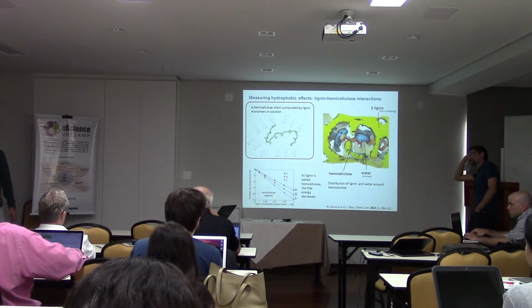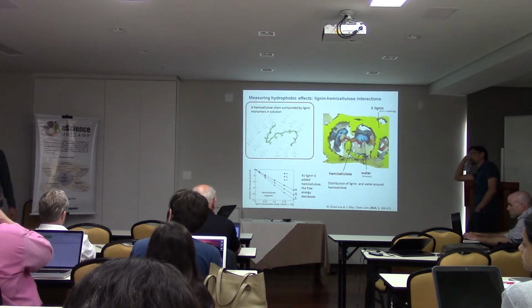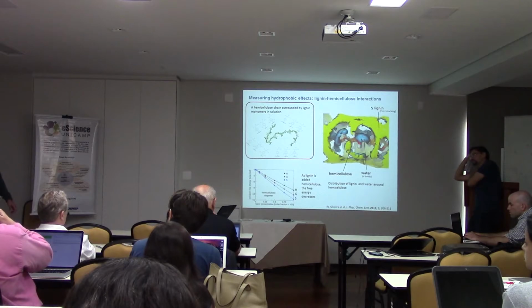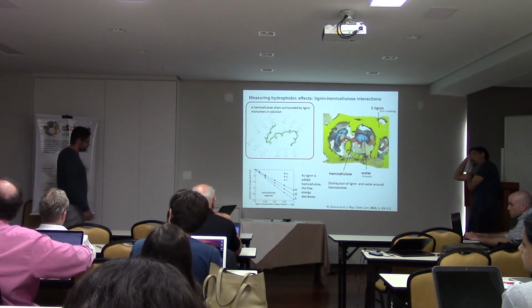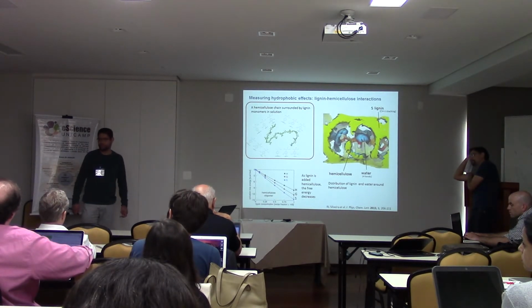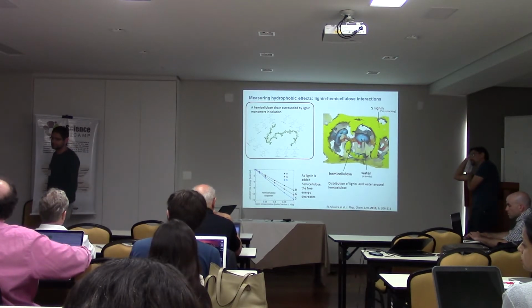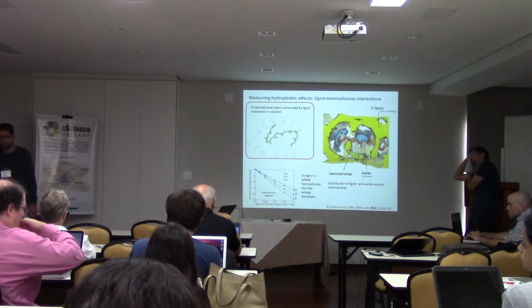So to add another piece of lignin, it would rather stay with its friends in solution rather than binding to hemicellulose. So at some point, as you increase the hydrophobicity of the solution, you would expect that the hemicellulose-lignin free energy not to decrease. Is that right?